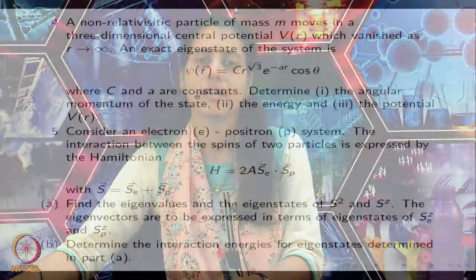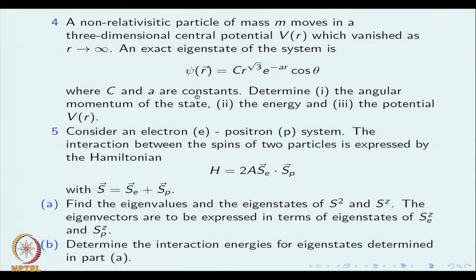And now we go to the last part of the tutorial, that is the fifth problem, and this problem is a bit lengthy, but it will help you understand the two particle system. In this, the two particle system is an electron and a positron.